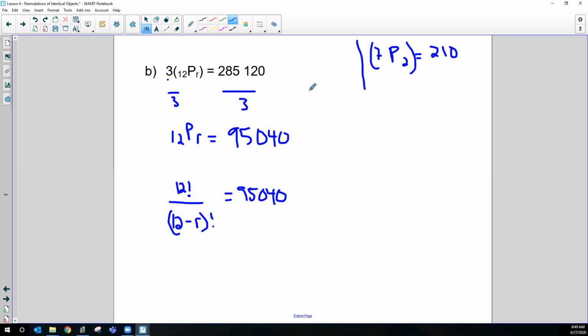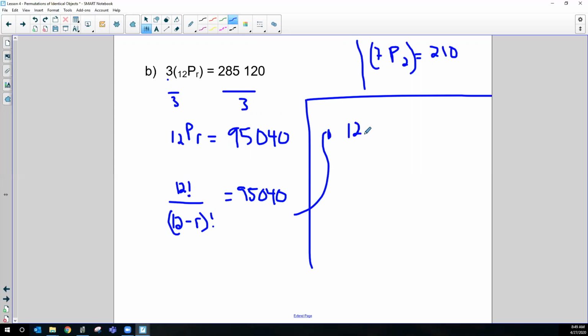We're going to do that little switch. So 12 factorial over 95,040 is equal to (12 minus r) factorial. You can just do that in your calculator.